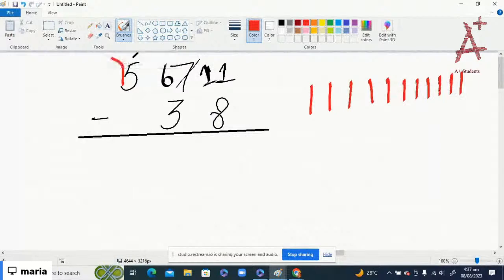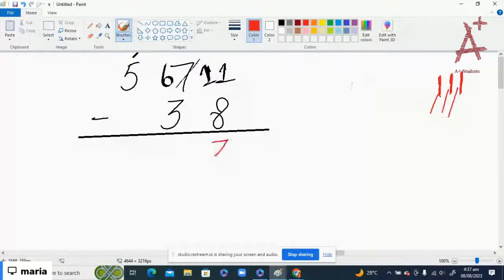That means remove 8 lines. 1, 2, 3, 4, 5, 6, 7, and 8. And that leaves 1, 2, 3. Here put 3.